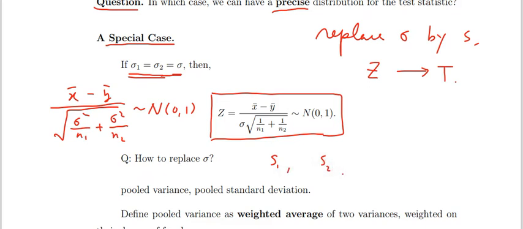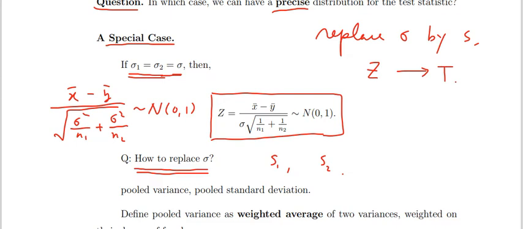If we replace sigma by S1, why not S2? If we replace by S2, why not S1? So how to replace the sigma? This is the question. We cannot simply replace by S1 or by S2.